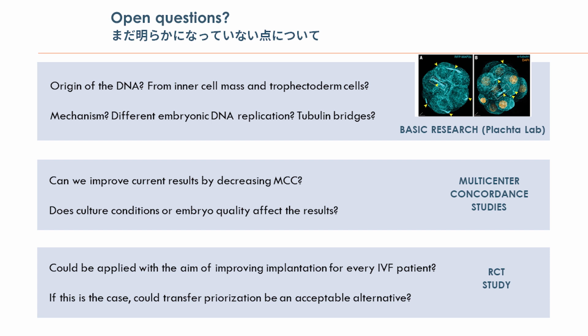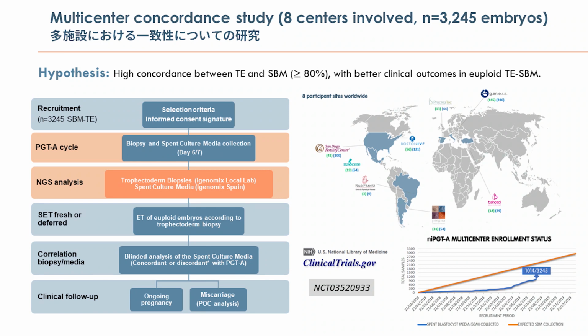And this is the design of the multi-center concordance study. The idea is to have a concordance rate between trophectoderm biopsy and spent blastocyst media in more than 80% of the cases, based on our previous experience. You can see there are countries all around the world working in this study. And at this moment, we have already collected more than 1,300 samples, and we are doing the interim analysis at this moment.